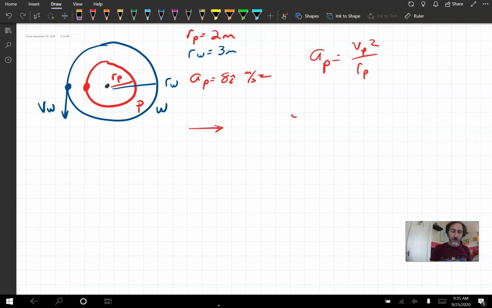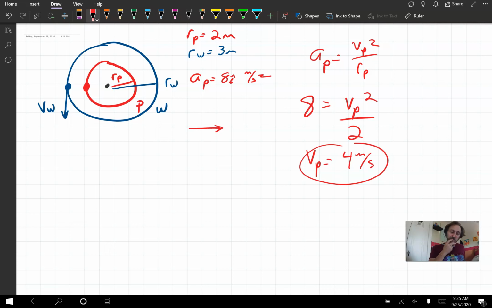So the acceleration of the purse, 8, has got to equal the velocity of the purse squared over the radius of the purse, which is 2. Multiply by 2, take the square root, and the velocity of the purse must be 4 meters per second.